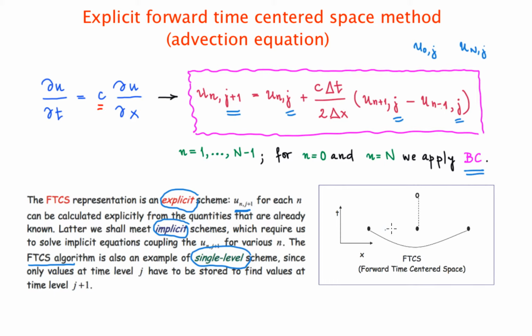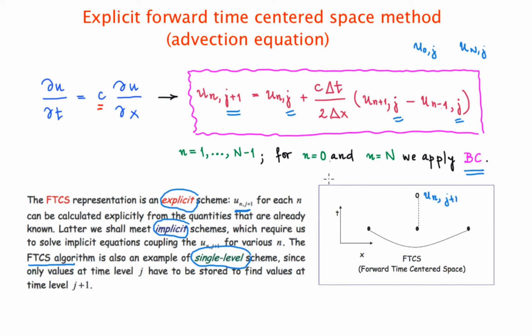On the other hand, here we have a graphical presentation of this method. The dashed line is connecting these 2 points. This open point will be the unknown value of the u function evaluated at position n and at time step j plus 1.